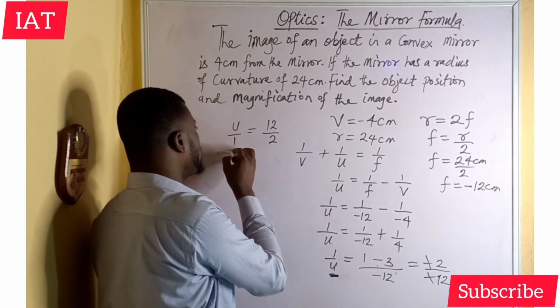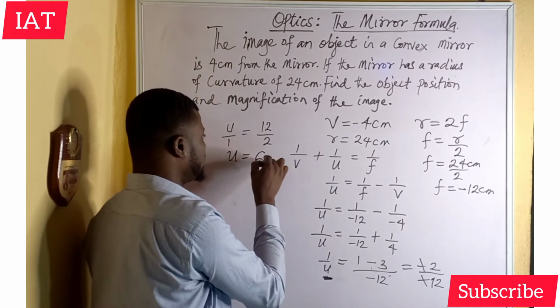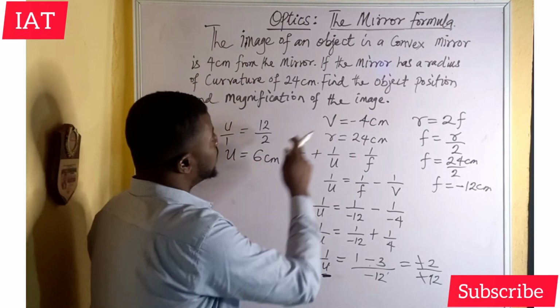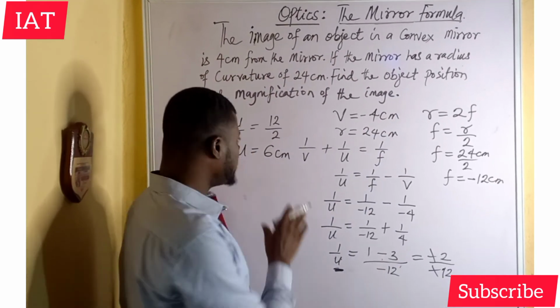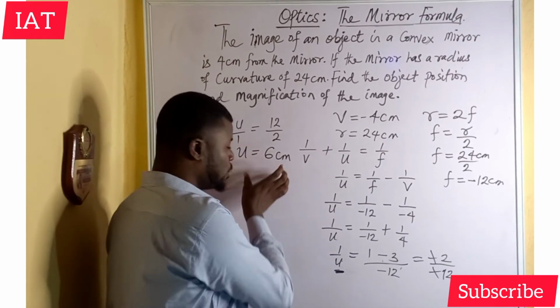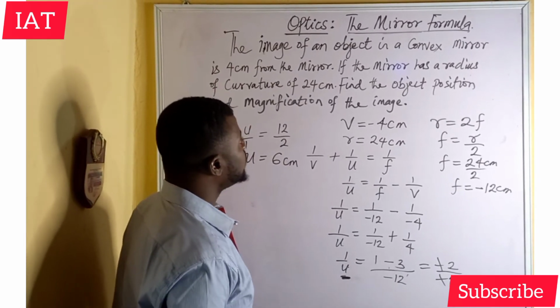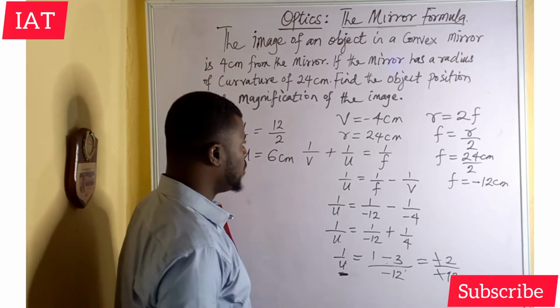And of course, u is equal to 12 divided by 2, and that is 6 cm. And this is the object position from the mirror. I hope that makes a lot of sense to you. Seeing it like this, you should know that it is real.